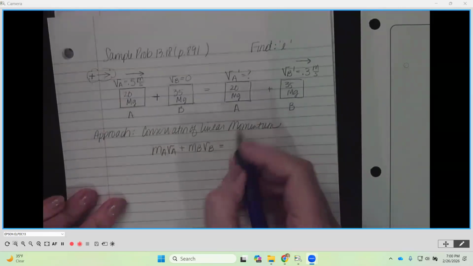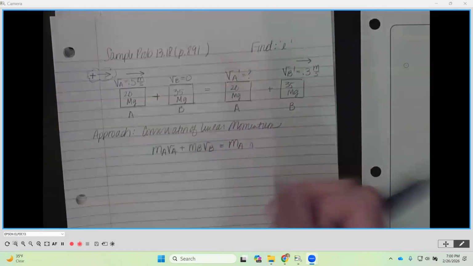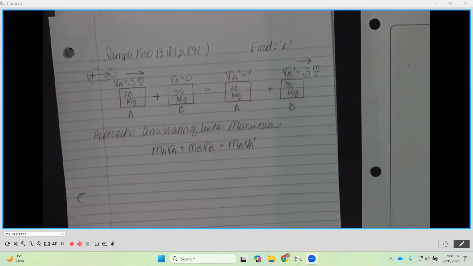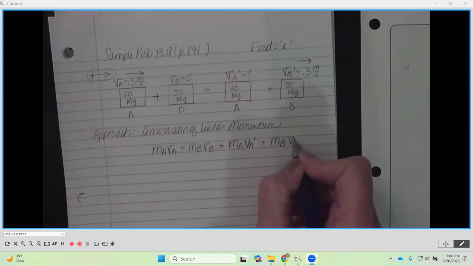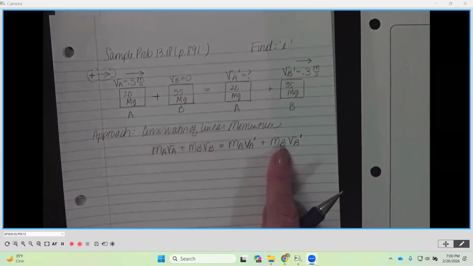It's going to be equal to mass A times velocity A prime, plus the mass of B times velocity B prime. So the after side. So before momentum has to equal the after momentum.